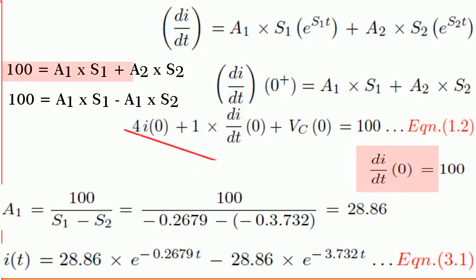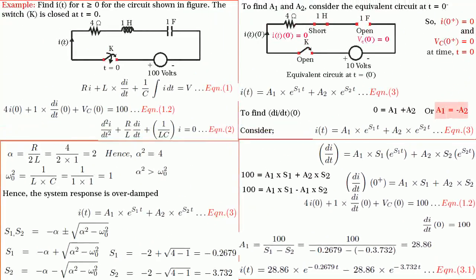Hence, equating both the results, 100 equal to a1 s1 plus a2 s2, and we know a1 equal to minus a2, hence we get 100 equal to a1 times s1 minus a1 times s2, from which we get a1 equal to 100 divided by s1 minus s2, and a1 we get equal to 28.86.